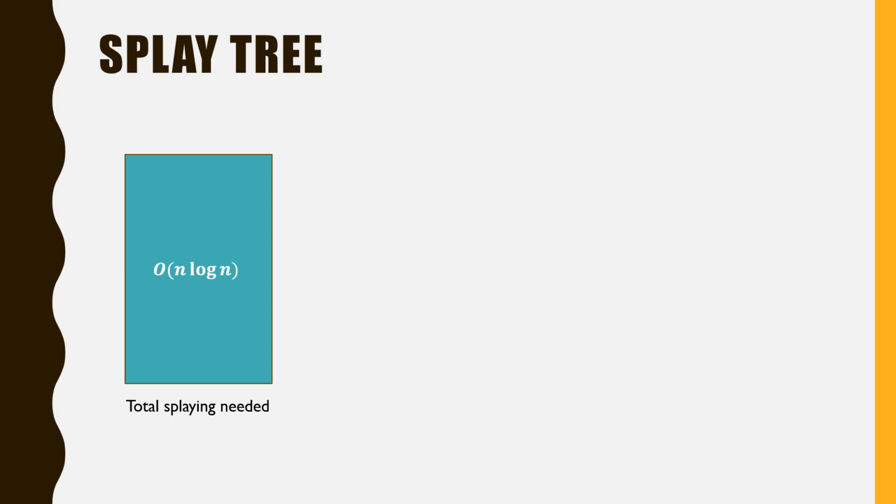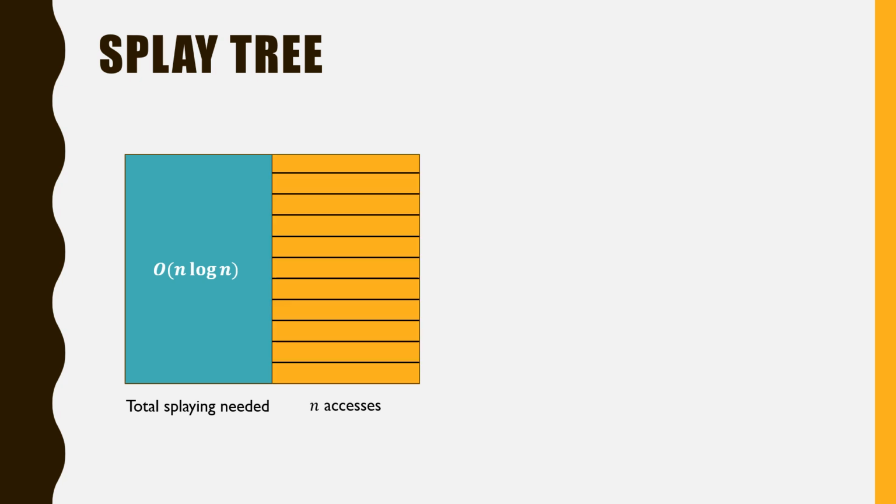Now, we visualize the O(n log n) splaying operations required to balance the tree as the cyan box, representing the cumulative effort needed to balance the tree during its life cycle. Since the splaying operations are performed alongside data access operations, we group them with n data access operations, represented by the yellow box.